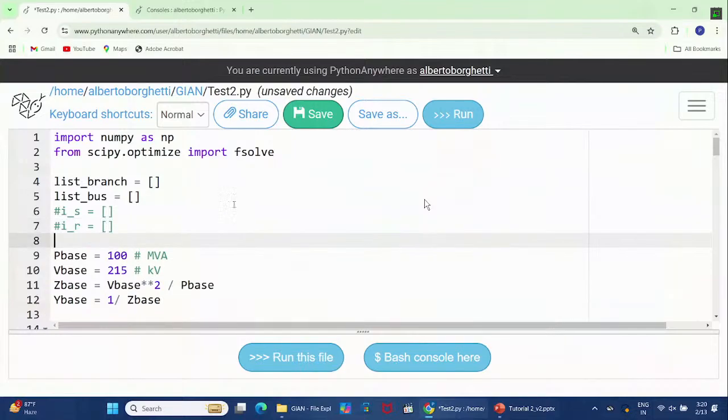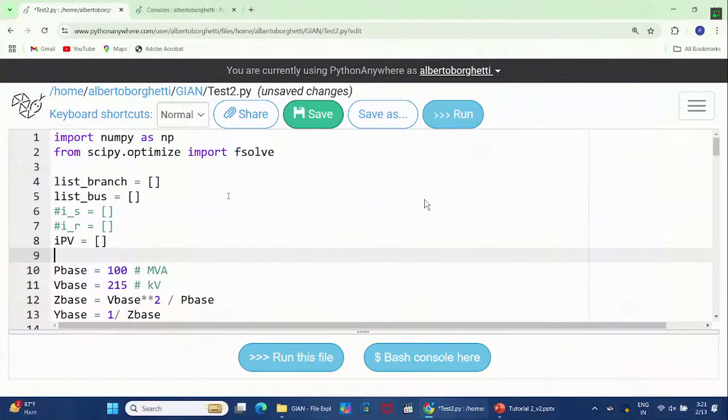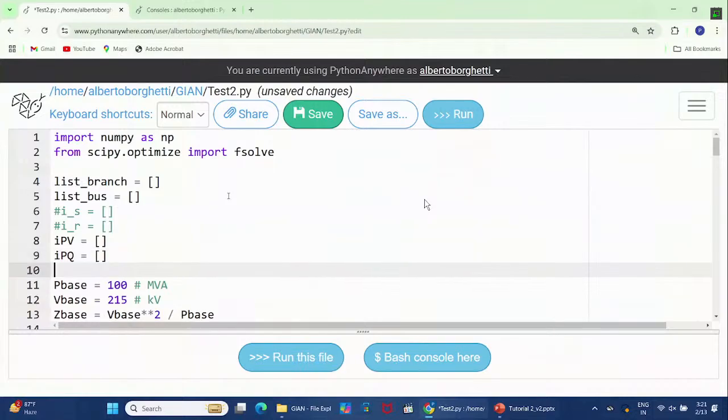We can put different lists, and in particular IPV, that is empty at the beginning and probably in this example will be empty also after, and IPQ, that is empty at the beginning. I would like to put also a slack because we need to know where the slack bus is.